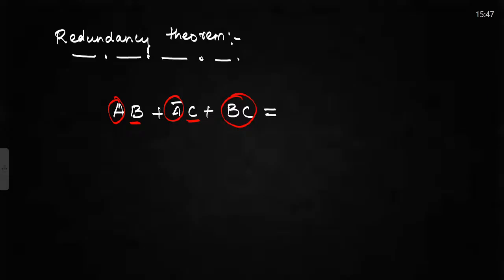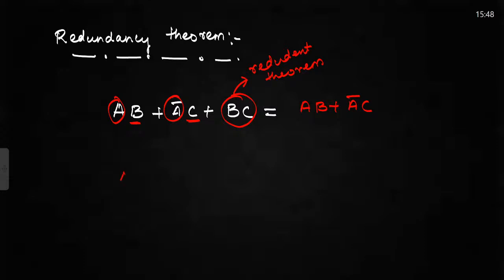For that type of equation, this becomes the redundant term. You simply eliminate it, and my equation will be AB plus A bar C. So that is my output equation.